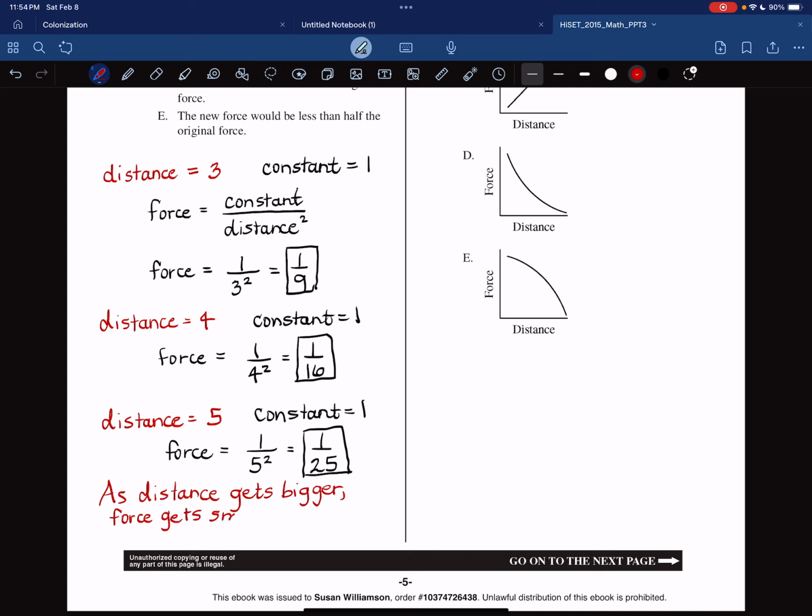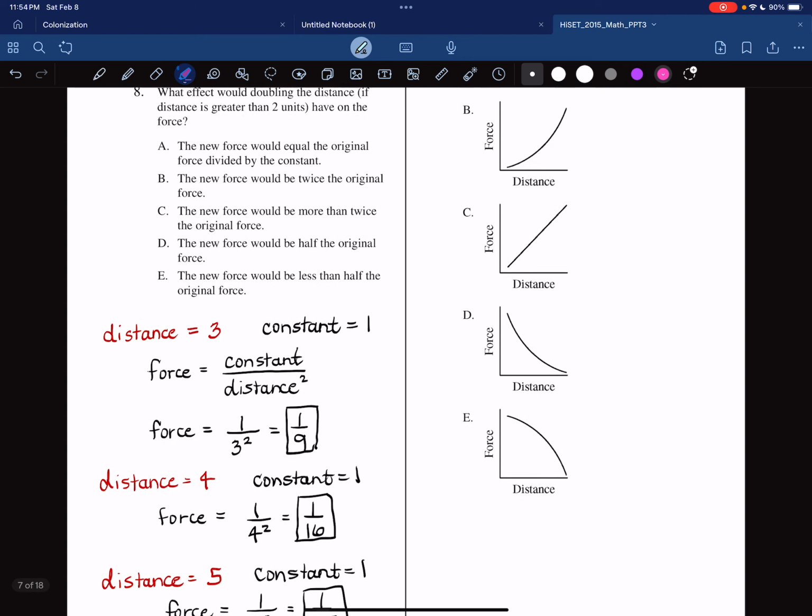This is called an inverse proportionate relationship. As one gets bigger, the other gets smaller. They're going in opposite directions. So this is the key that we have to understand to answer this question.